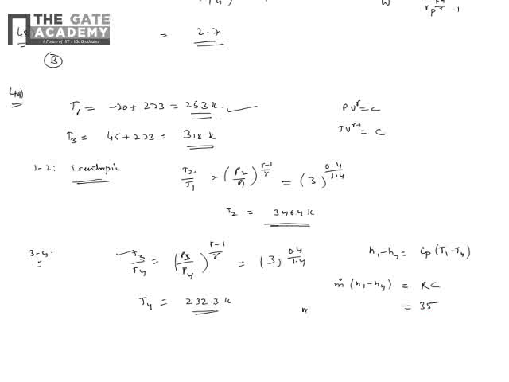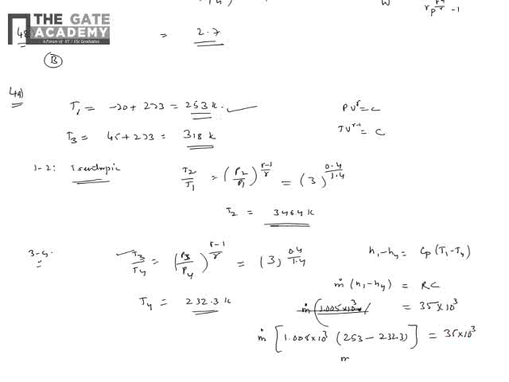So for mass flow rate, I'm just writing 35 into 10 power 3. Cp is 1.005 into 10 power 3, and T1 minus T4 is 253 minus 232.3, equals 35 into 10 power 3.